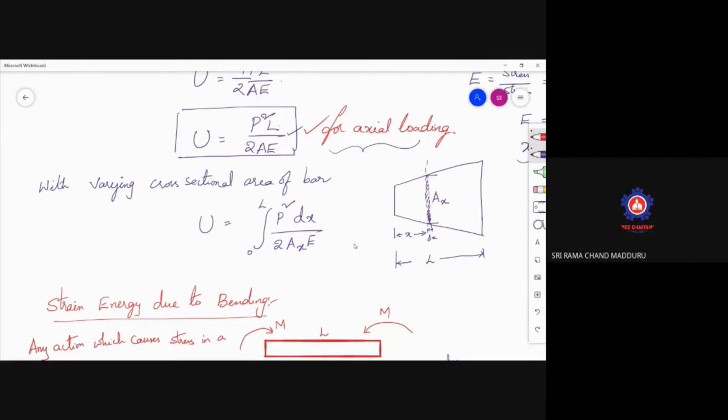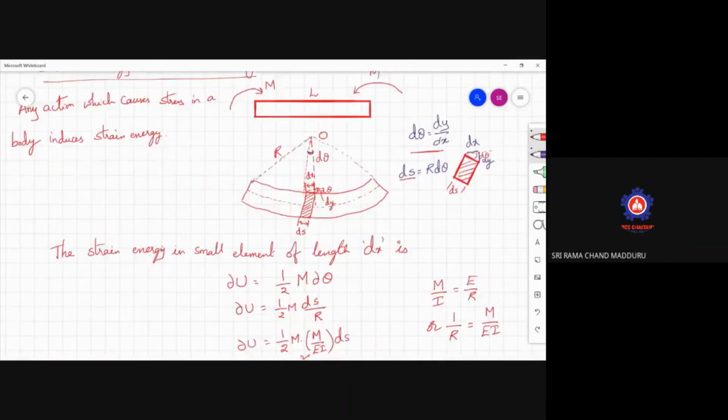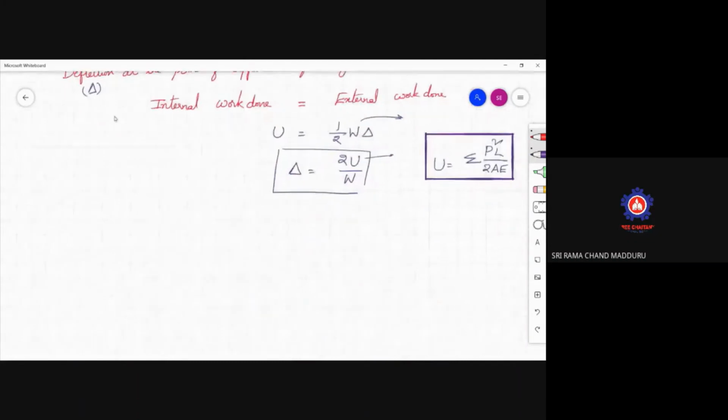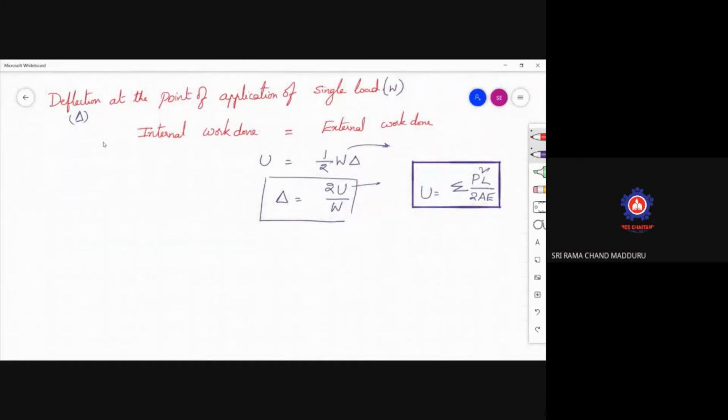by 2AE. Now we have a truss or a frame. For a frame, there is at one point a load acting. So the meaning is, for example, a truss is there, something like that, a truss like this.